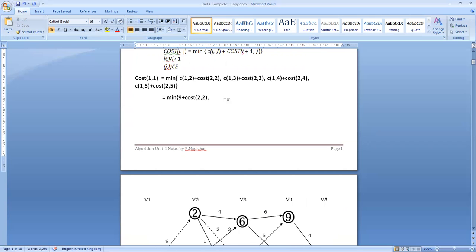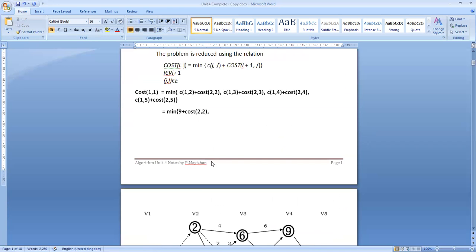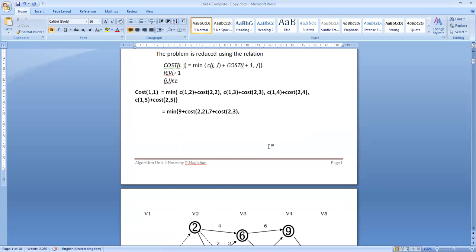What is the cost value of C of 1 comma 3? 7. 7 plus cost of 2 comma 3. 1 to 4 is 3. 3 plus cost of 2 comma 4.